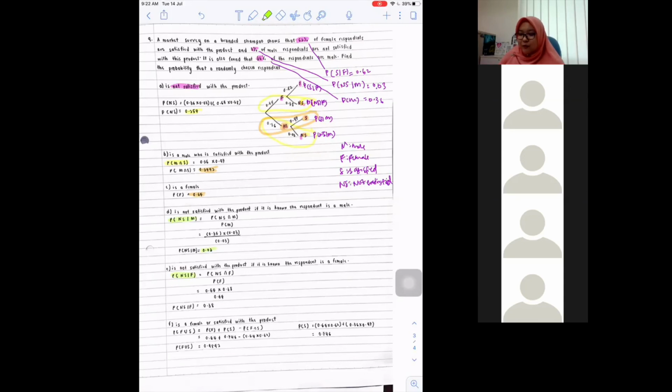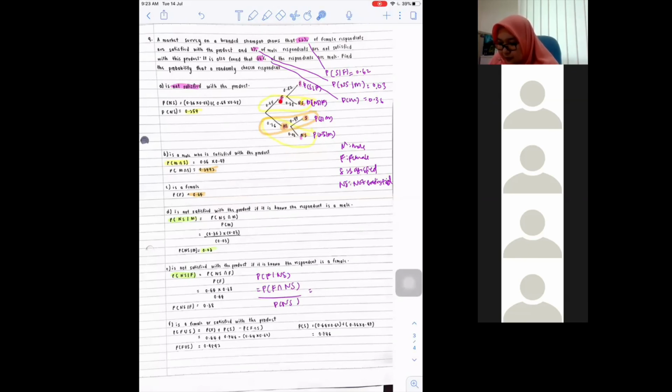Unless they want to flip it. Let me show you how to flip it. For example, the question asks you F given S'. This is not in the tree diagram because we have flipped it around. So you can just open up the formula: P(F and S') over the probability of S'. We don't have F given S' directly, so let's find it ourselves.